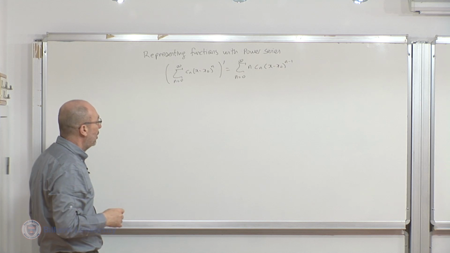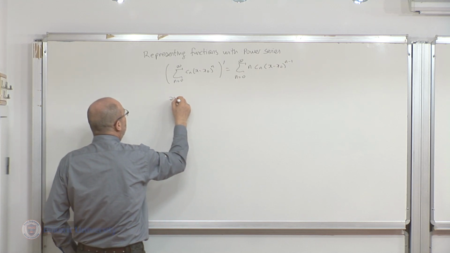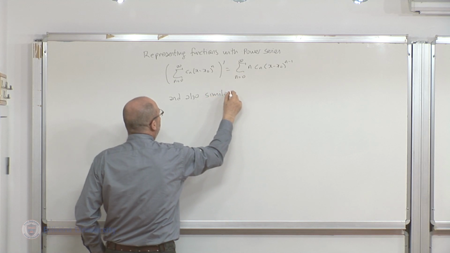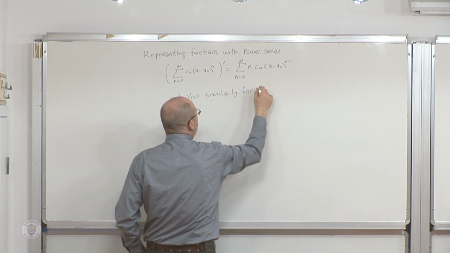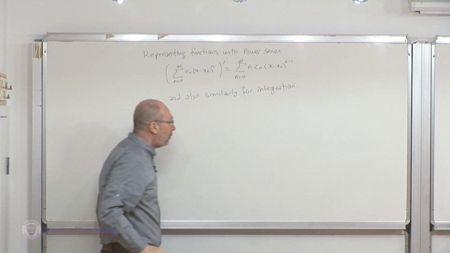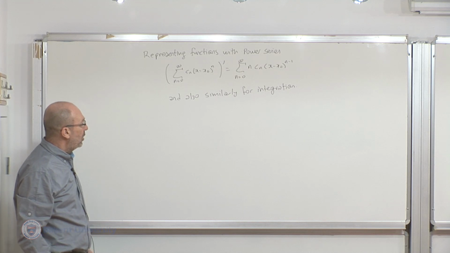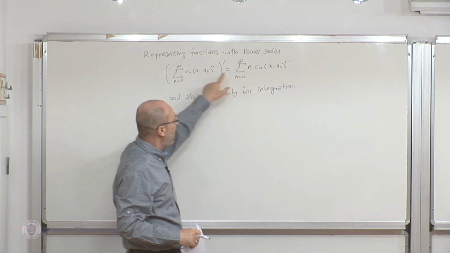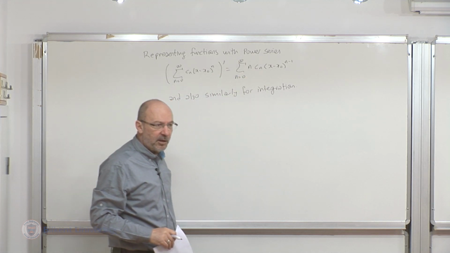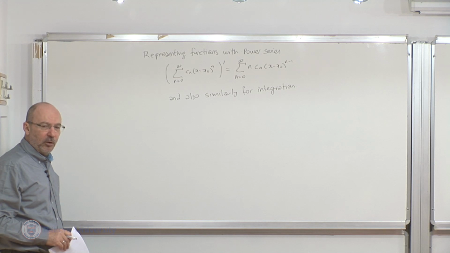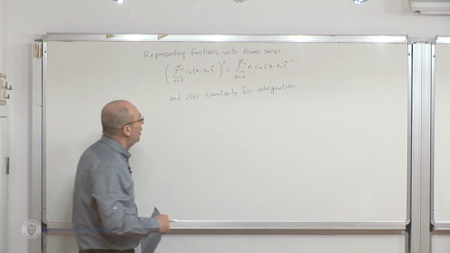And similarly for integration. And moreover, both series, the series inside and the derivative and integral series, have the same radius of convergence. Only the endpoints may change. You have to check the endpoints separately.